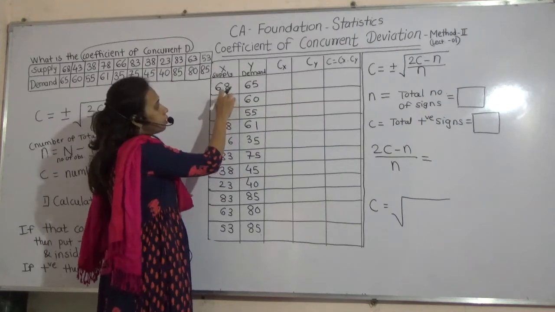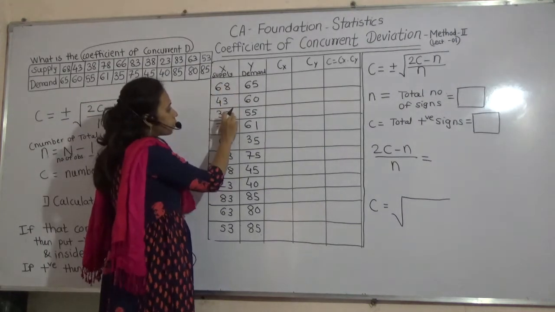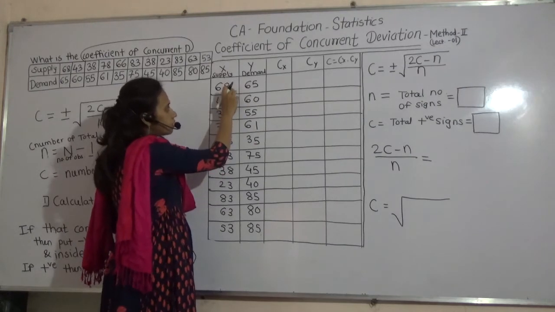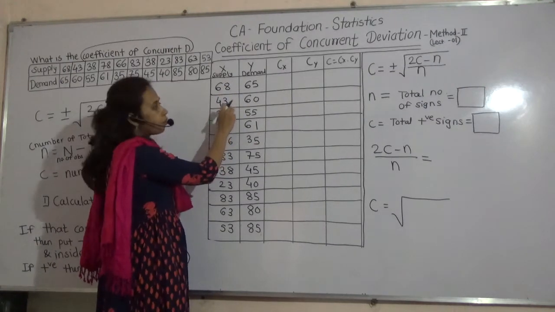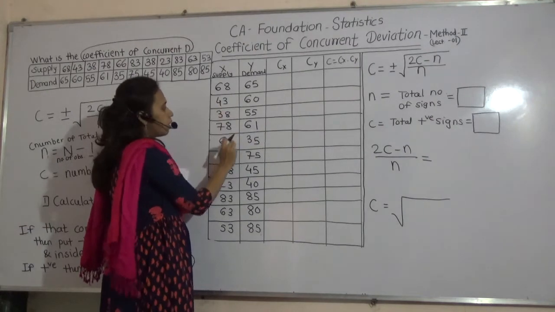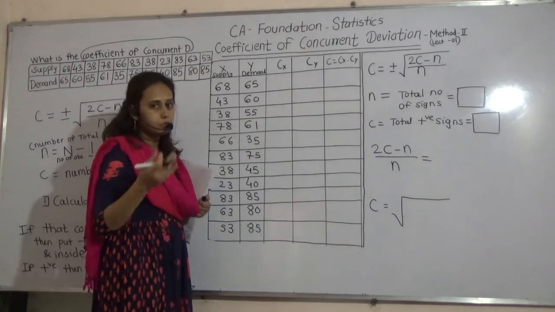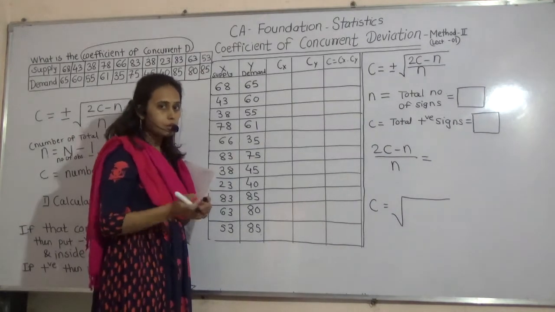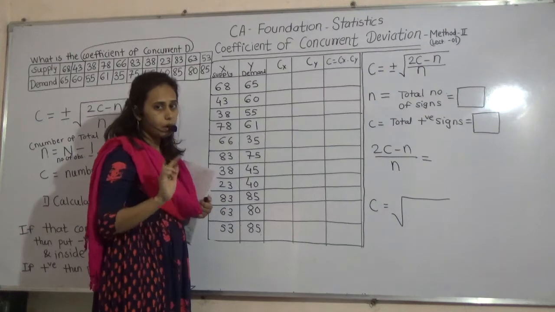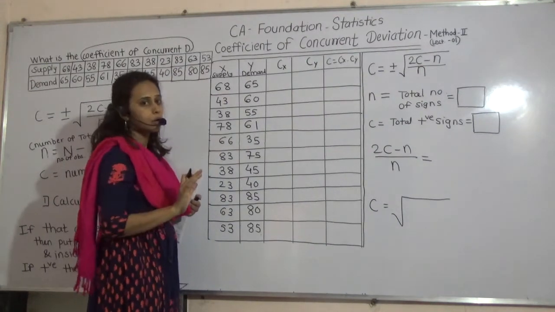The next number has to be compared with the previous one. So 43 will be compared with 68, 38 with 43, 78 with 38, and likewise. You put plus if it's more, minus if it is less, and you compare only with the previous figure.